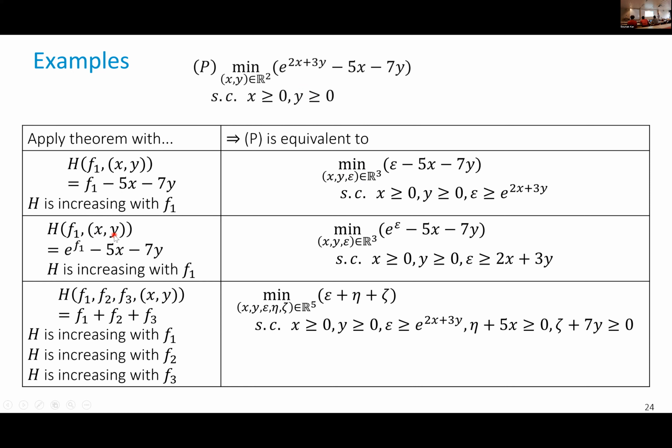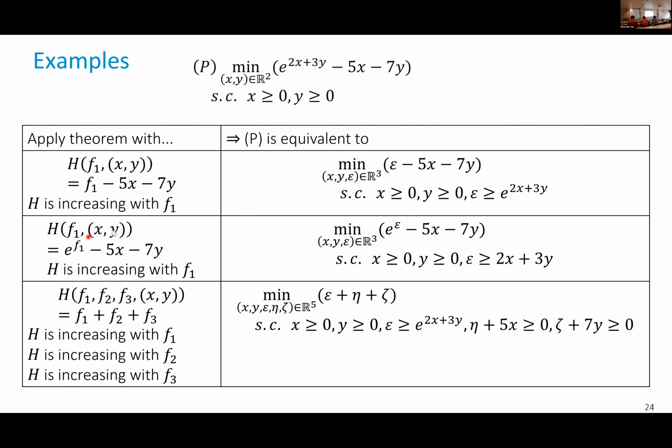But here I consider not this one, but f1, being an expression. That means I consider that the general form is exponential of f1 minus 5x minus 7y. Check that the global expression is increasing with respect to the term f1 that I'm using here.